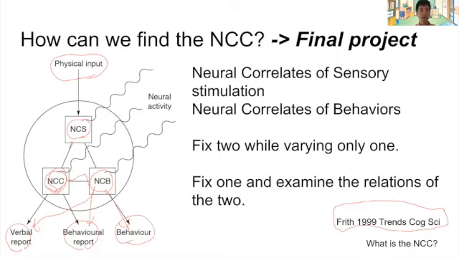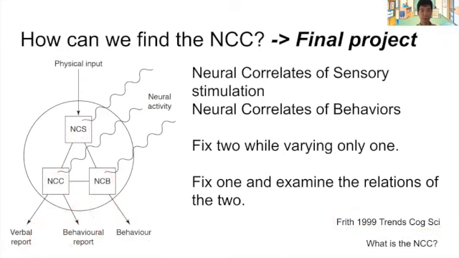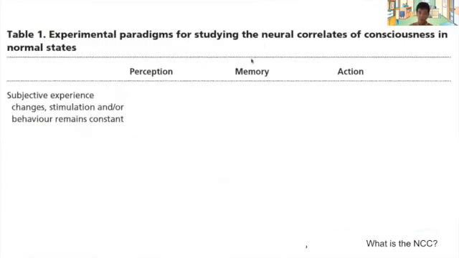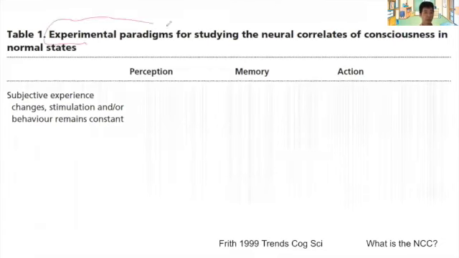What I mean by that, let's clarify with an example. So here's table 1 from their paper. The first table talks about empirical experimental paradigms in normal subjects, normal states, okay.